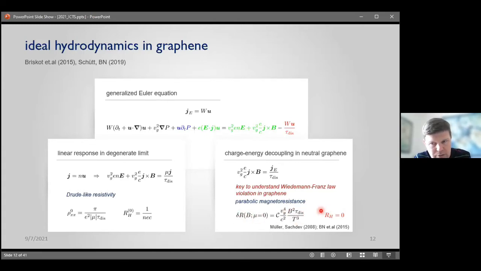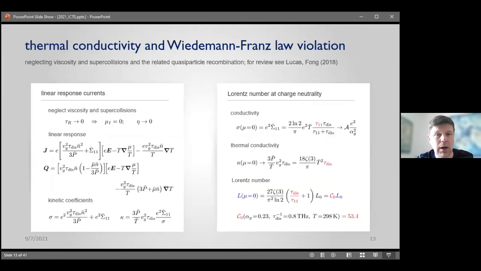But that magnetoresistance is really proportional to this disorder scattering time, and that tells us that there are some quantities where this disorder scattering cannot really be neglected completely. Now, another such quantity is obviously the thermal conductivity, because, as I said, the momentum density in the system is proportional to energy current, and if I neglect disorder scattering, then momentum is conserved. That's why there is no mechanism to relax the energy current, and therefore there is no thermal conductivity. Rather, it's infinite.